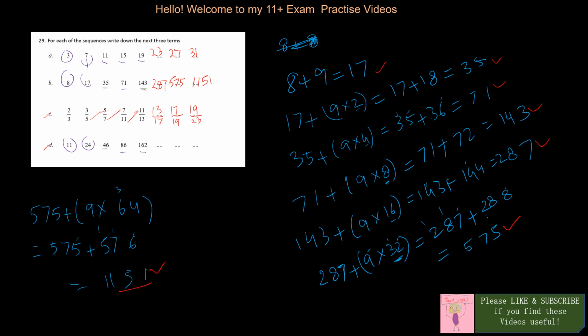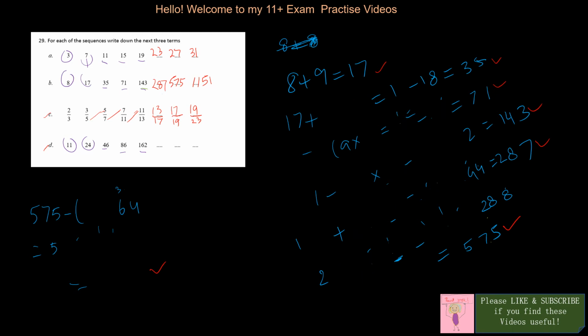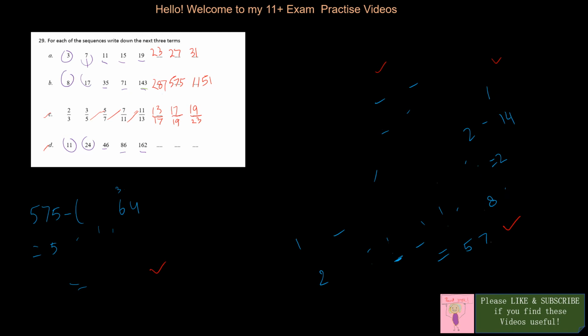Okay, so this one will be 23 plus 287. Let me work it out, otherwise I can't do it.